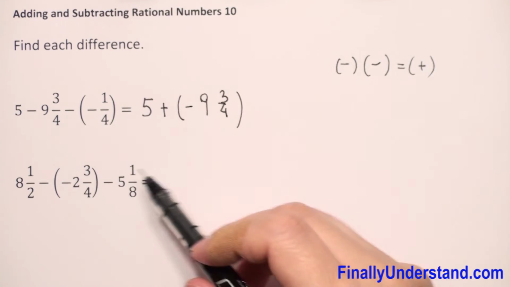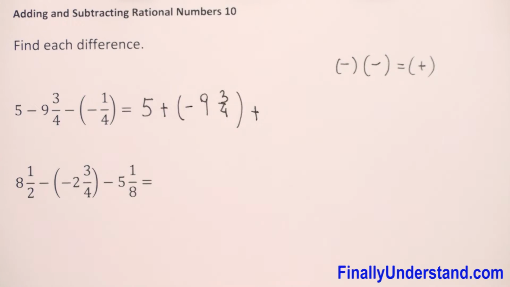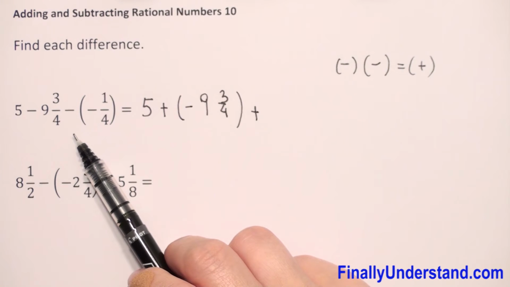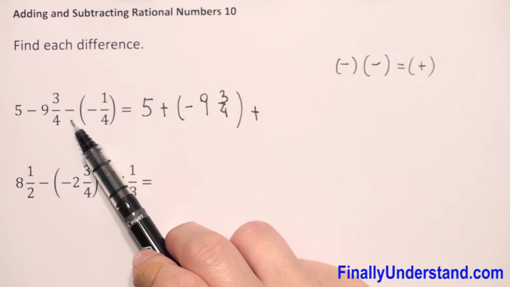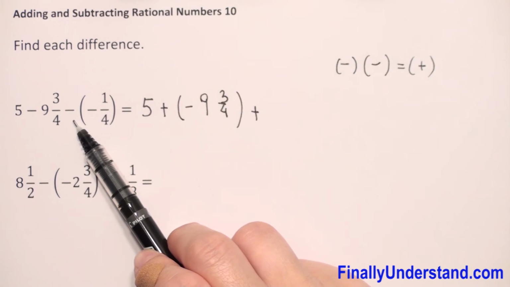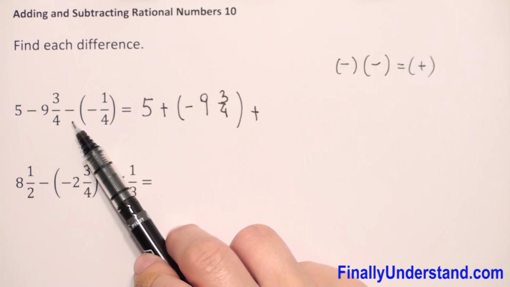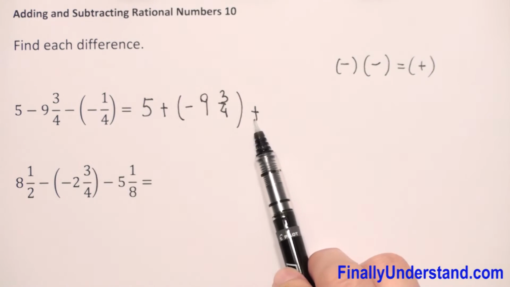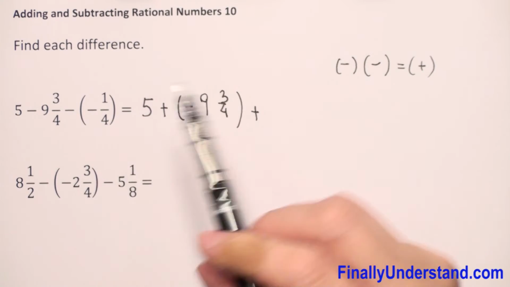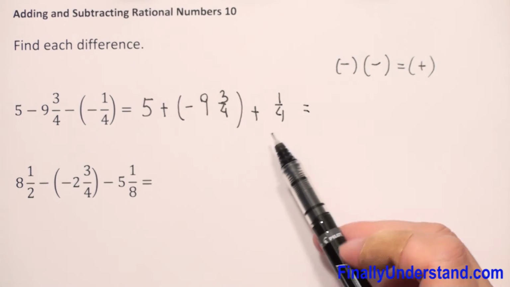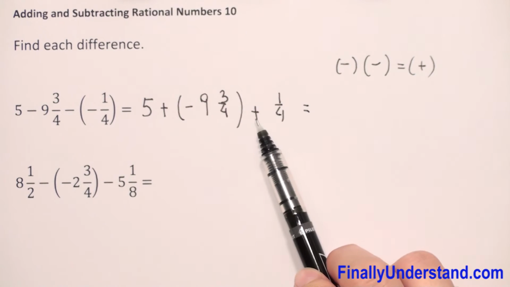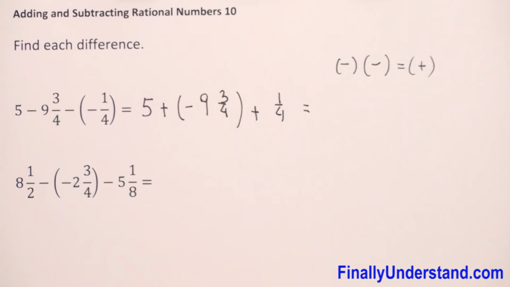Like I said, you can write plus, but if you don't know how I get this plus, you have to remember that when you subtract, you change subtraction to addition of the opposite. So we change subtraction to addition, and the opposite of negative 1 over 4 is 1 over 4. So like I said, negative and negative is positive. Just memorize this rule.